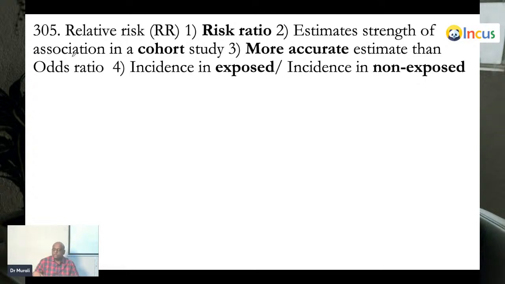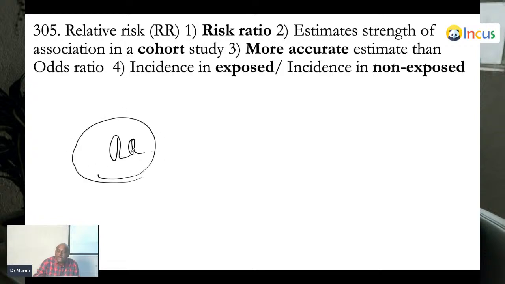It is used to know the strength of association in a cohort study. Relative risk is a more accurate estimate than the odds ratio. To get relative risk, remember incidence among exposed by incidence among non-exposed.